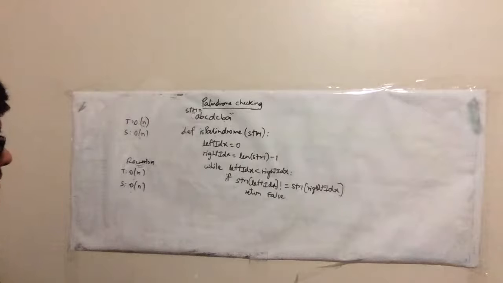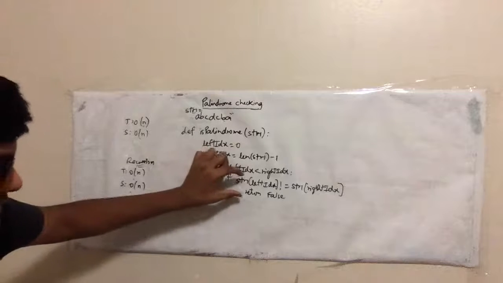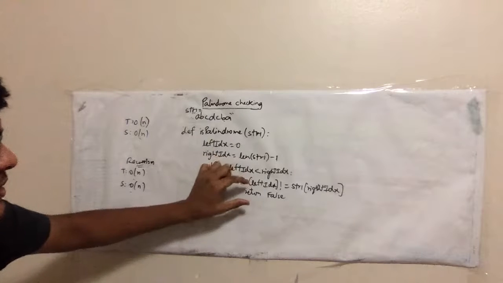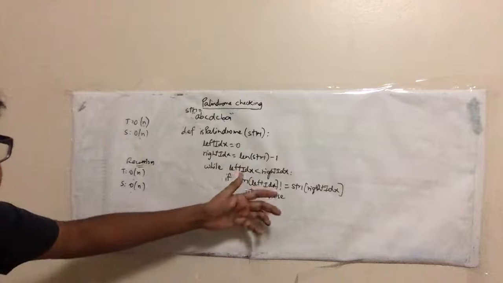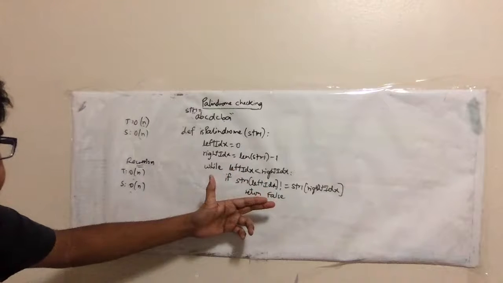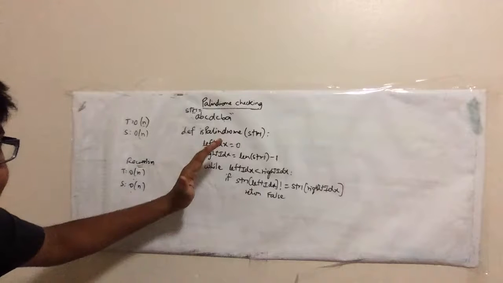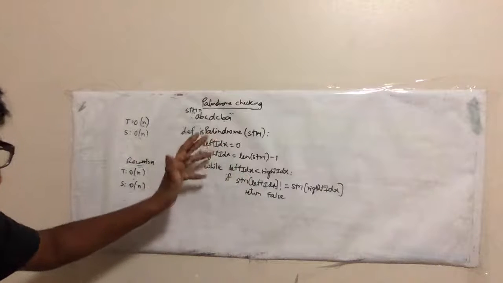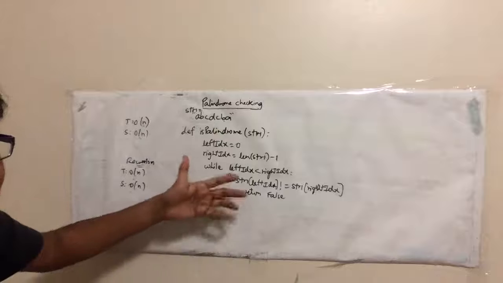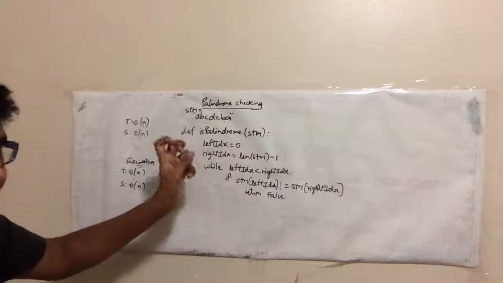This happens only when these characters are not equal, and whenever this condition is hit, it will just return false for the palindrome. It won't even check the other characters.